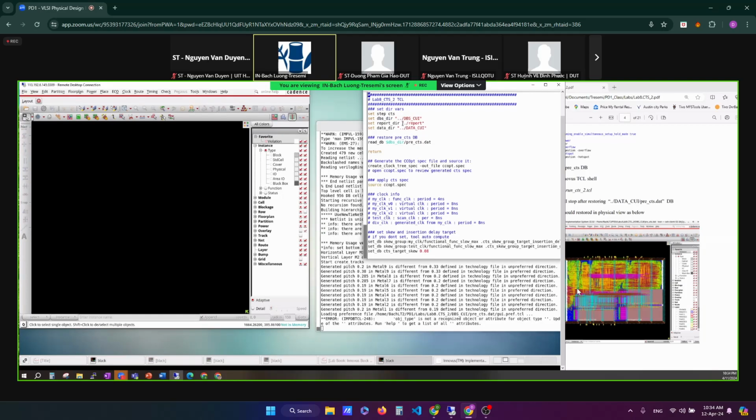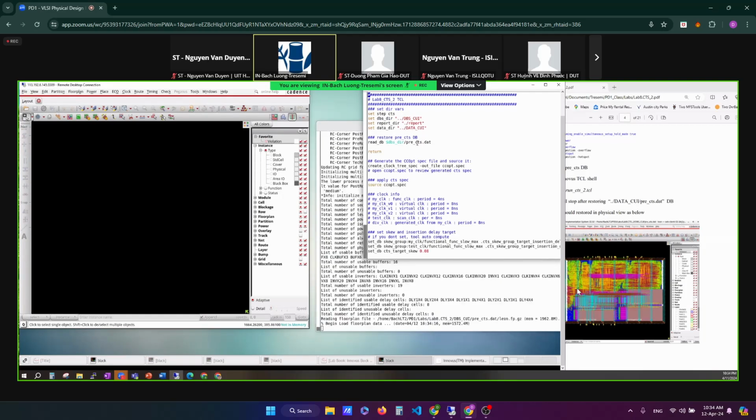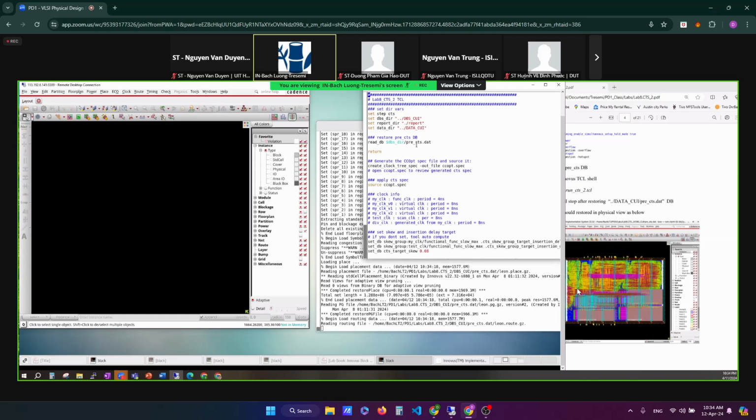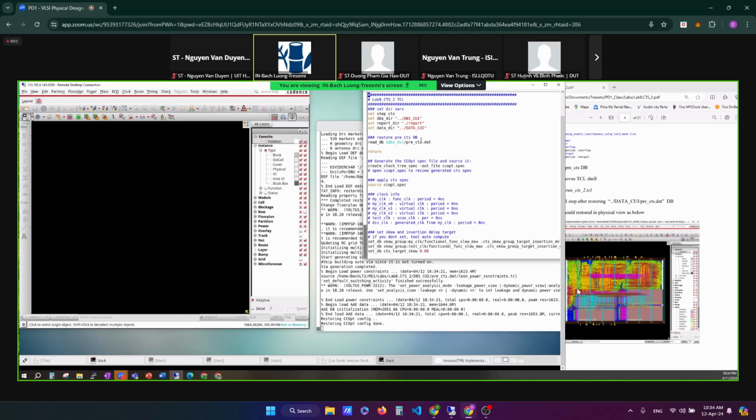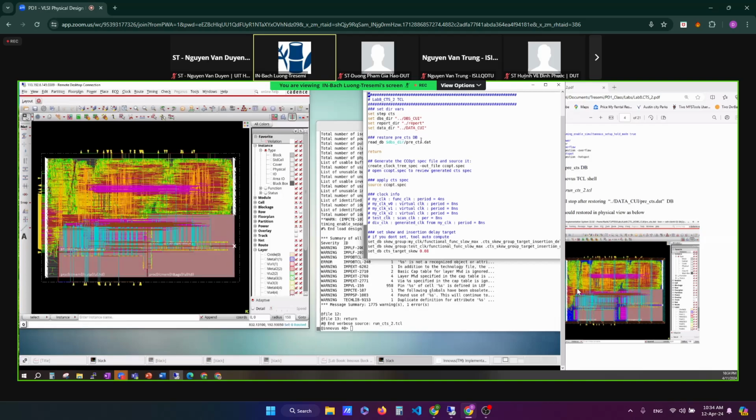It's just reading the pre-CTS database and it'll stop. So the CTS database, remember, has all the constraints already. When we read in the MMMC file, it has the timing SDC constraints in there, has the clock definitions and so on.